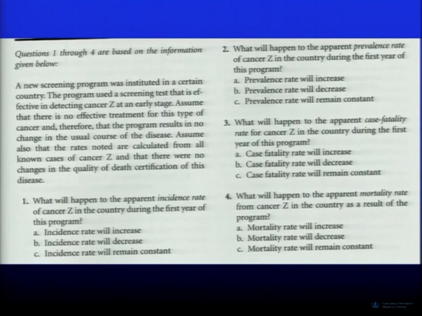Right, it's going to decrease, or B, because it's the number of deaths divided by the number of cases. The number of deaths is the same, but the number of cases is increasing, so overall this will show as a decrease. And what will happen to the apparent mortality rate from cancer Z in the country as a result of the program? C, it's going to stay exactly the same.